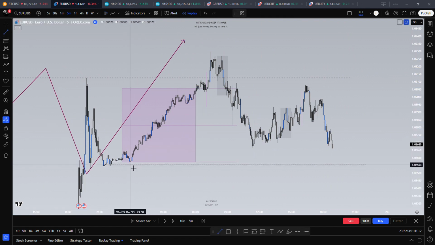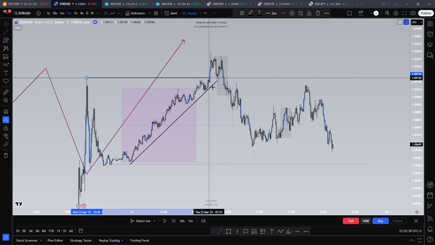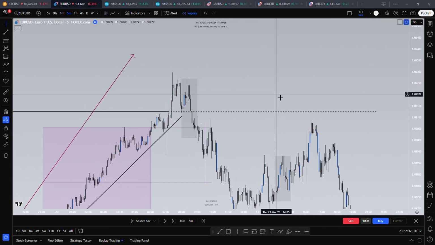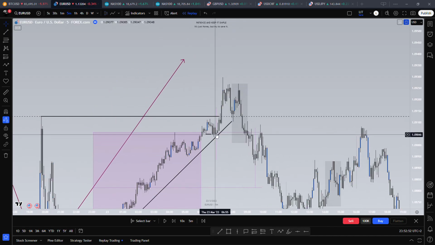First of all, we have this liquidity here. We took yesterday's high, and we have a break of structure here. Well, the first of the day is this one, and as you can see, it usually goes against that.